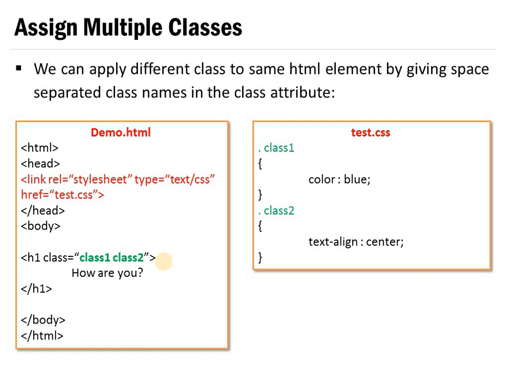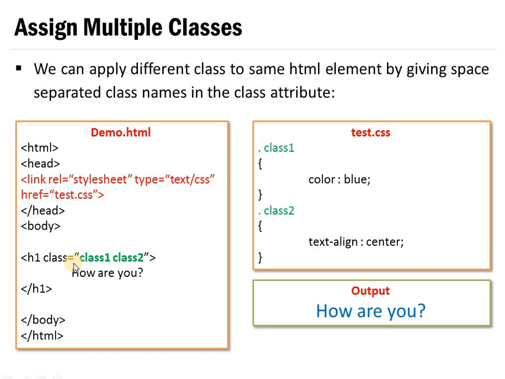If you want to apply more than one class style, you can use multiple class names. This one is class 1 and class 2, and you want the style of both classes, then you can apply it like this.